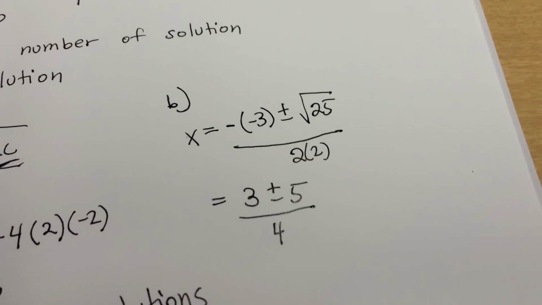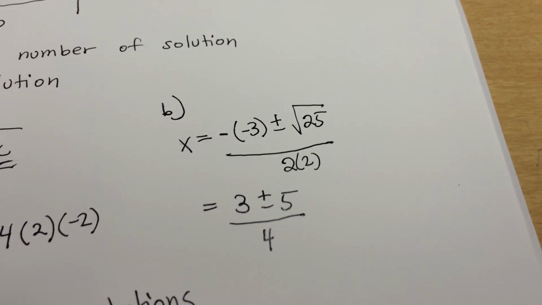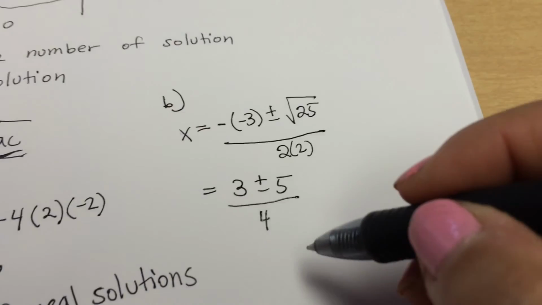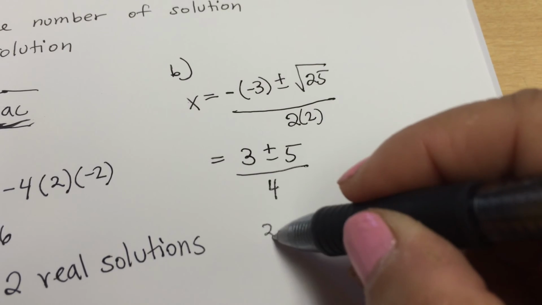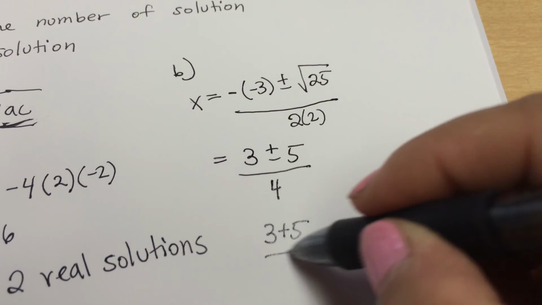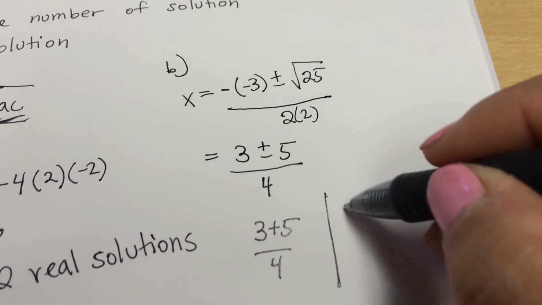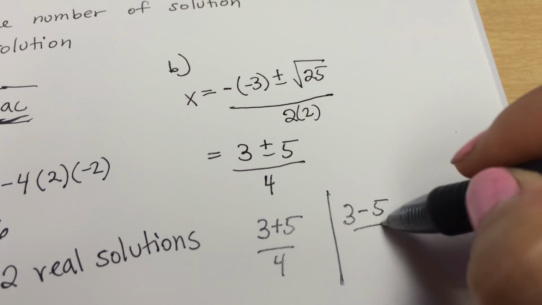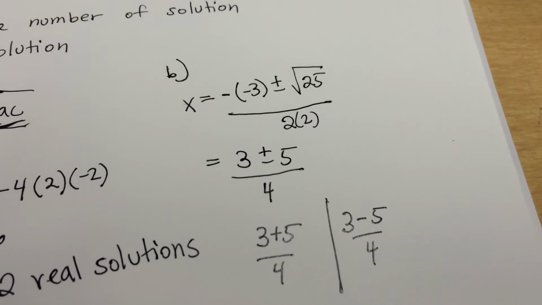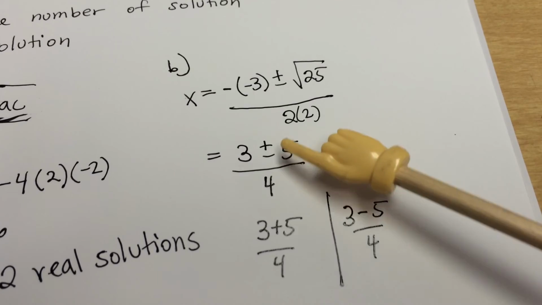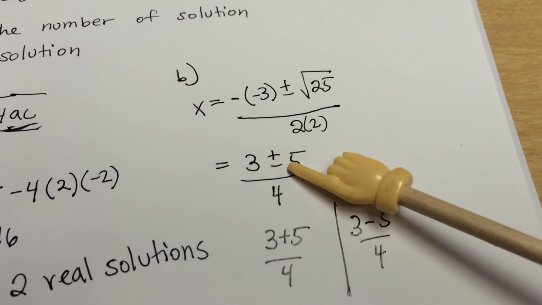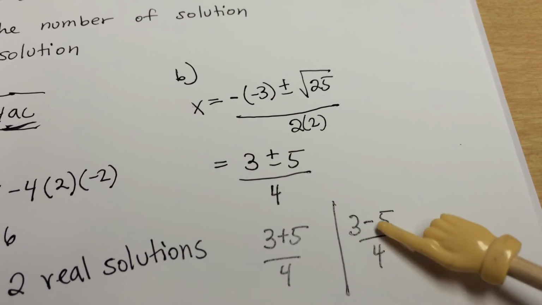So now, if you leave it like this, it's not the most simplified form, so you actually need to continue on. I would break this part, so you have one problem, which is 3 plus 5 over 4, and then the other one would be 3 minus 5 over 4, because it's plus and minus. When you have a plus and minus, I usually go with the plus one first, and then the minus will be the second one. Okay?